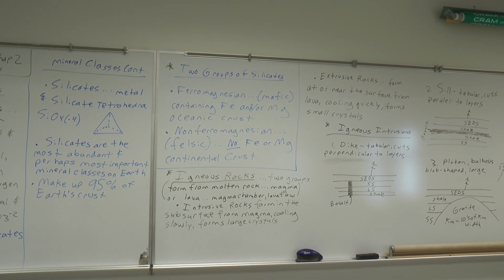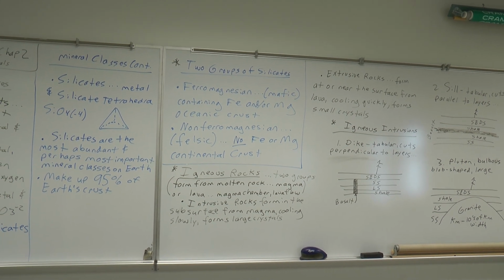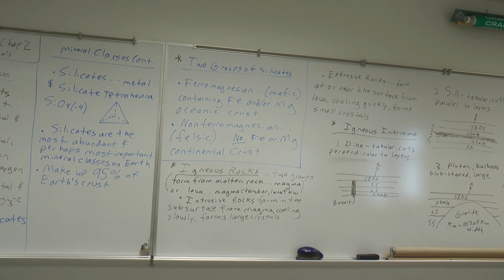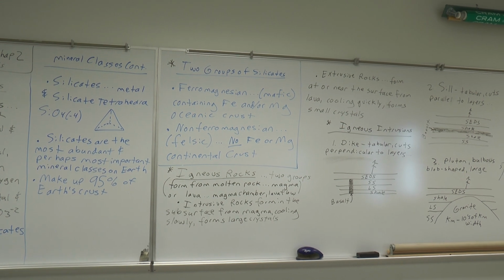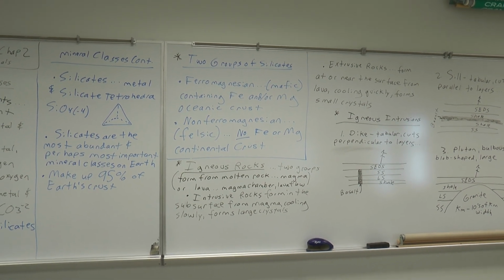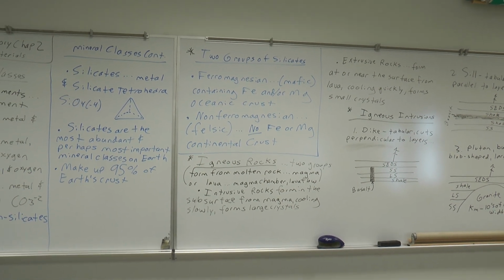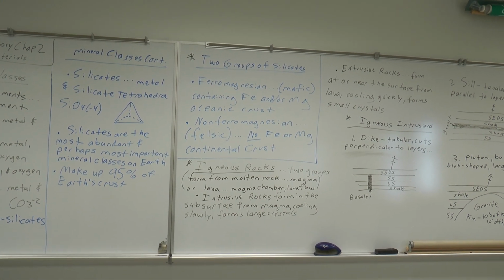And a good way to remember that is magma chamber, lava flow. Where is the magma chamber? It's below ground. Where's the lava flow? It's at the surface. Something that Kilauea volcano often does, as well as Mount Etna on the island of Sicily. I think Sicily's part of Italy. I could be wrong.